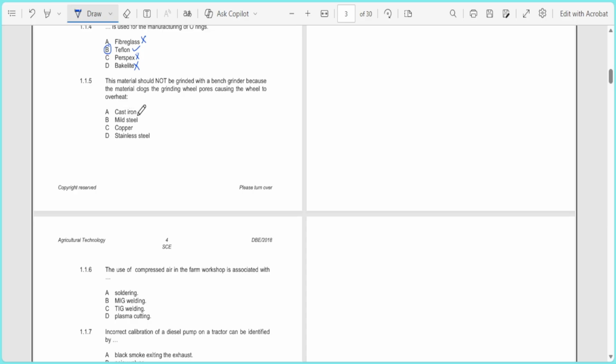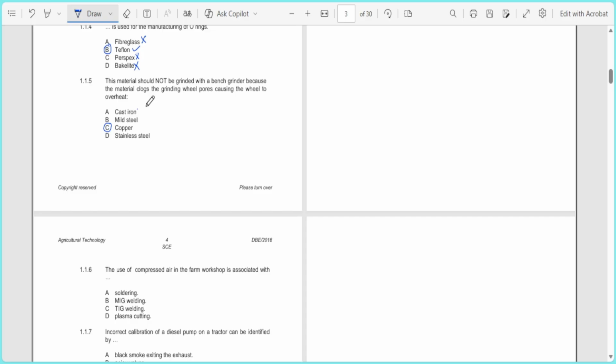Okay, so we have 4 materials. That's cast iron, mild steel, and then we also have C, copper, and stainless steel. I'm going to go with C, copper. This should not be ground with a bench grinder.